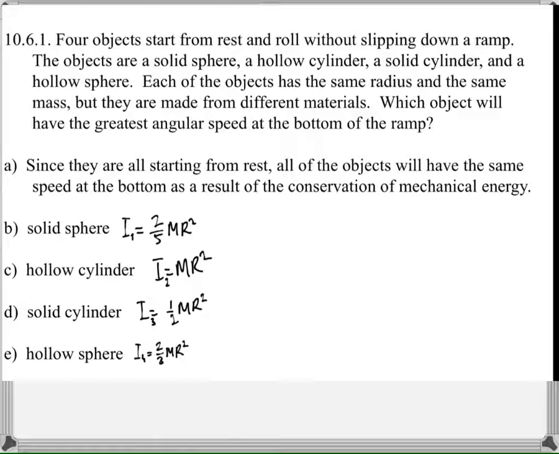Which object will have the greatest angular speed at the bottom of the ramp? If they are rolling on an inclined surface and they start the motion at the same height, when they come to the bottom, which one has the largest angular speed? This time not the linear speed, the angular speed, omega.